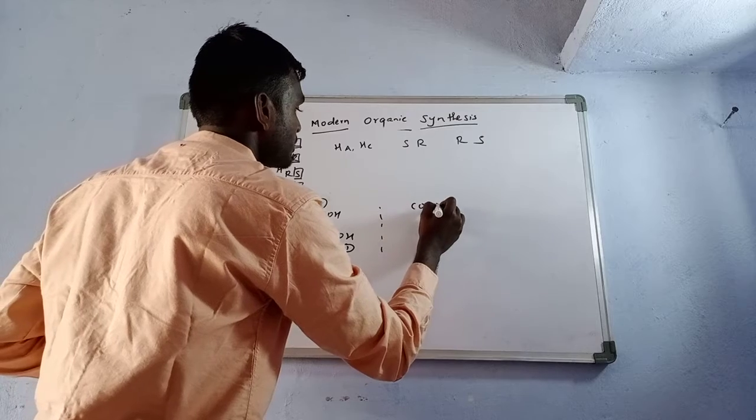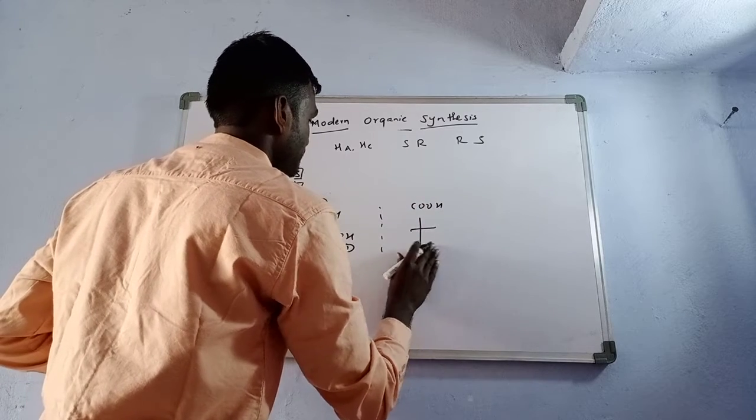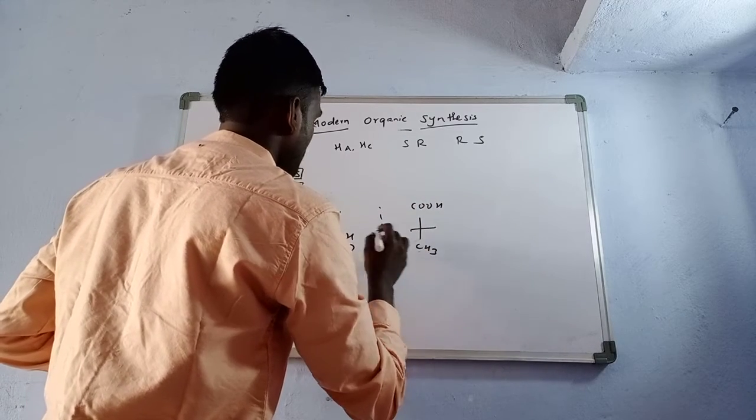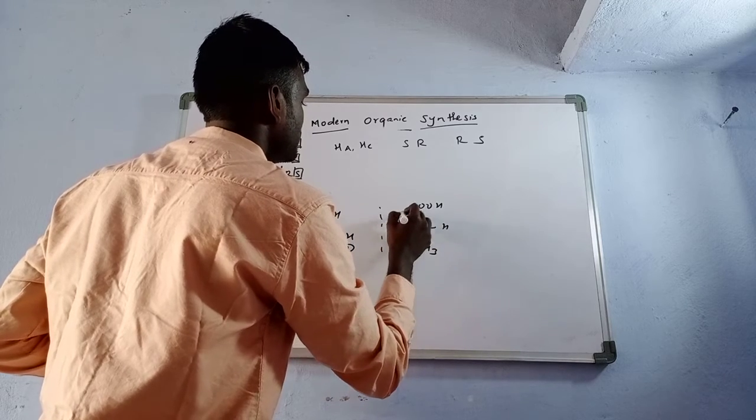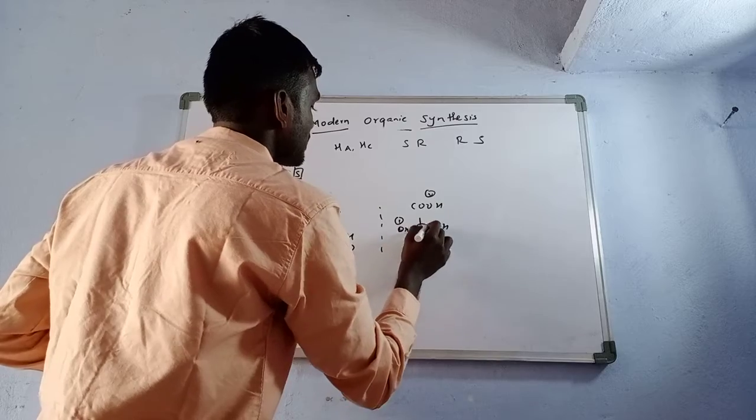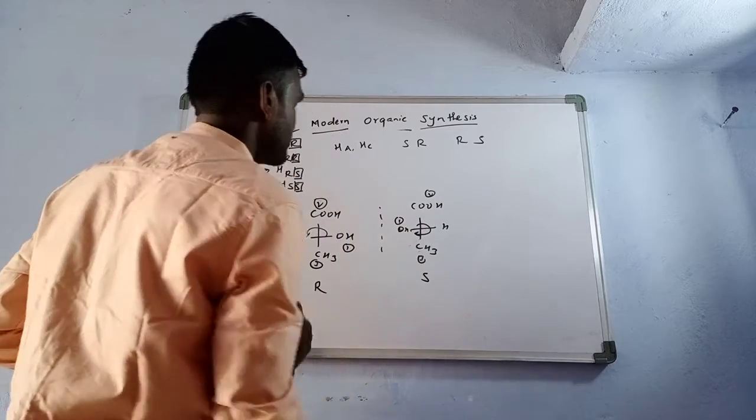In the same way, its mirror image will be OH and H, 1, 2, 3, clockwise direction, so it will be an S configuration.